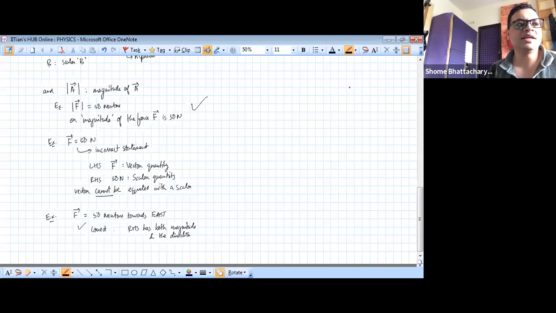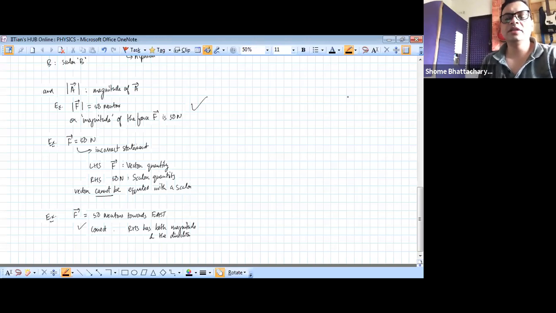So by just using algebraic sign, we can use a shortcut notation for giving the direction. But in general, we do not use the shortcut notation, especially जहाँ पे हमें पता है कि it is not a one-dimensional motion, or we cannot be sure that it is a one-dimensional system.